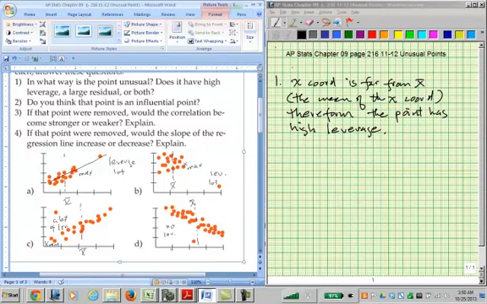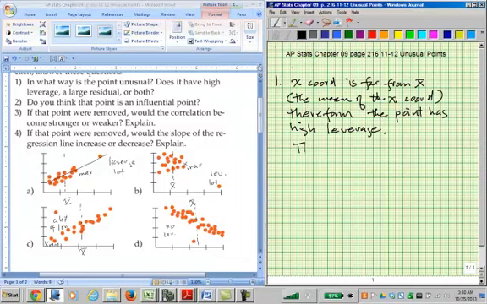The more leverage, the less residual. The more residual, the less leverage. Why is that? Well, let's talk about that.